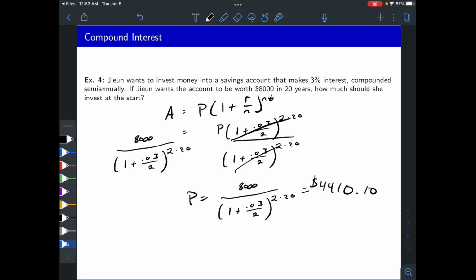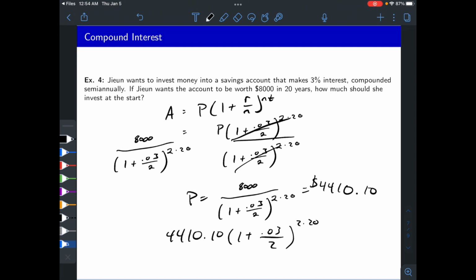And if you wanted to check your work, we could plug this back into this equation. So we do 4,410.10 times 1 plus r, which is 3%, compounded semi-annually, so twice per year, and then 2 times 20 years.